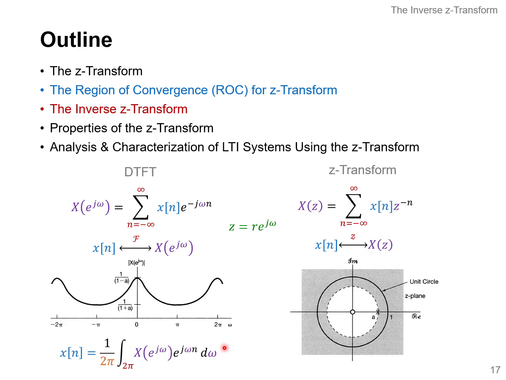The DTFT formula gives us a way to move from a frequency domain expression back to a time signal. We follow the same idea here, but we work on a contour in the Z-plane instead of the unit circle. So the inverse Z transform lets us rebuild the time signal from its Z domain form.